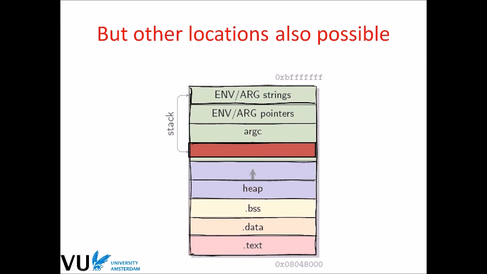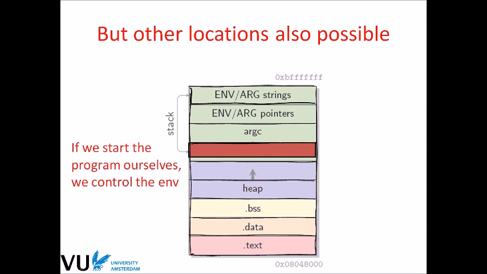For instance, if you control the execution of the program, so if you actually can type in the command to execute this program, you also control the environment variables of this program. So you can actually place your malicious code in such an environment variable, and then jump there.